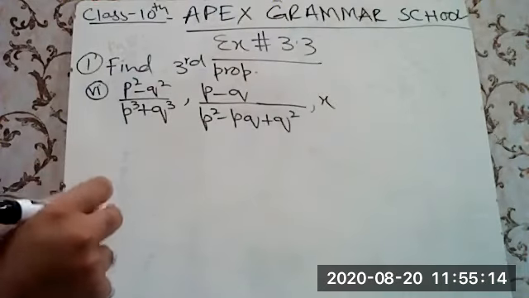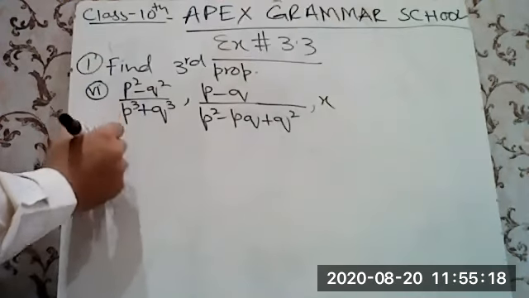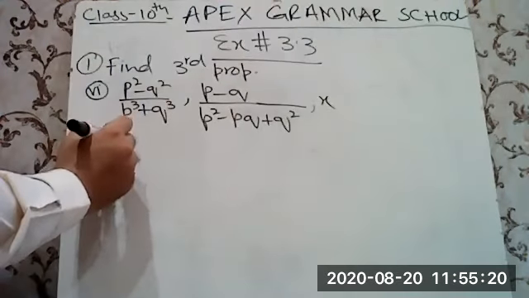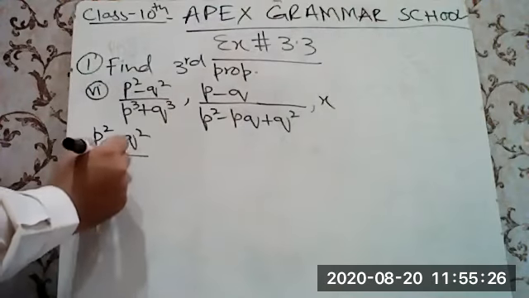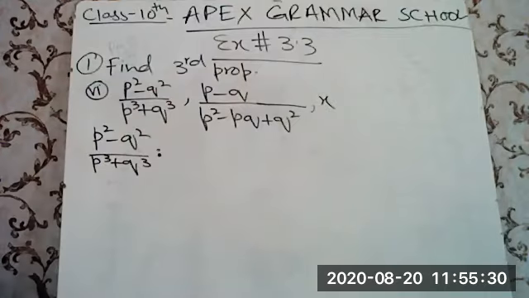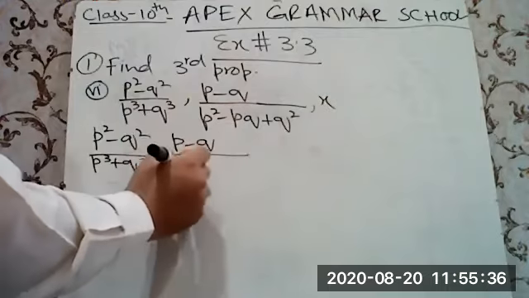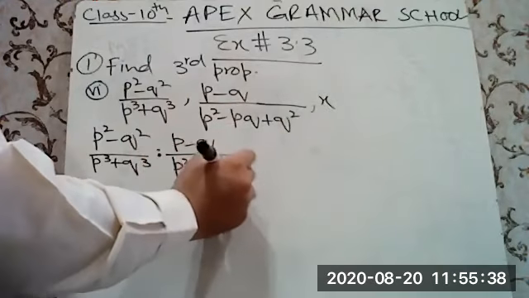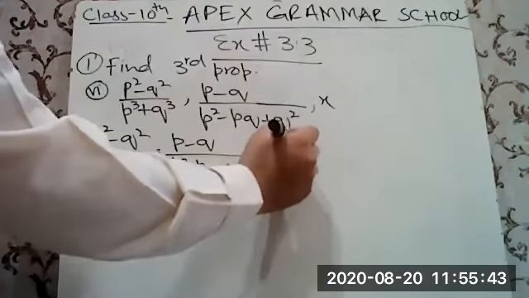So now write it in the form of third proportion: p square minus q square divided by p cube plus q cube, ratio. The second one, p minus q divided by p square minus pq plus q square, proportion.